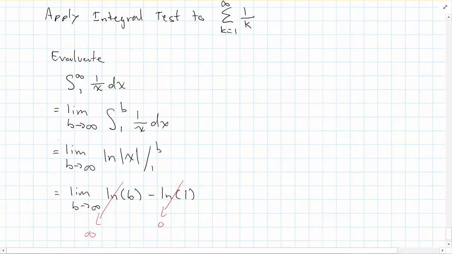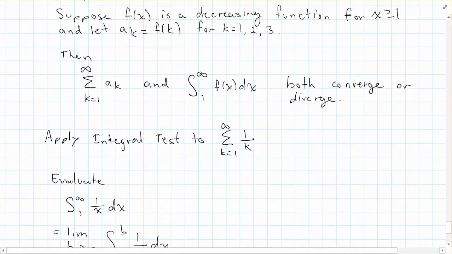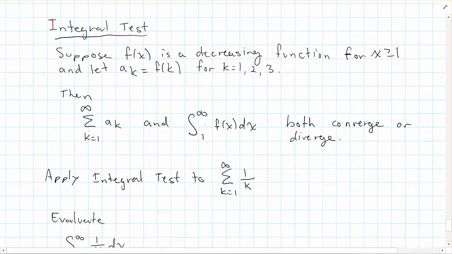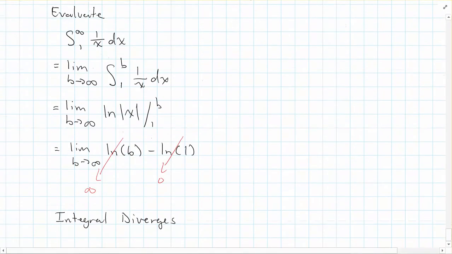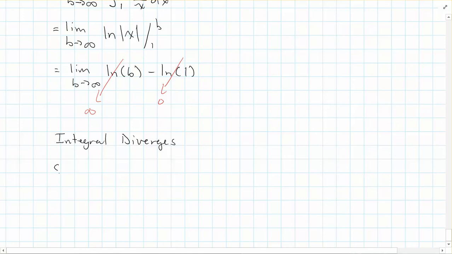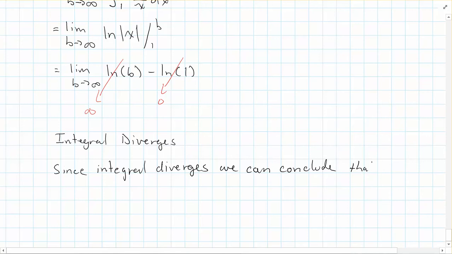So this integral that I did diverges, but then I'm going to scroll back up here. My integral test says that if I can do an integral, then the integral and the series either both converge or they both diverge. So since this integral diverges, we can conclude that the series diverges.